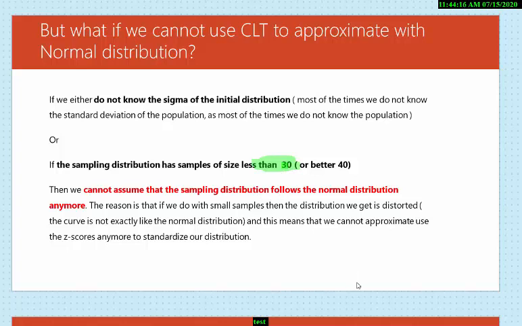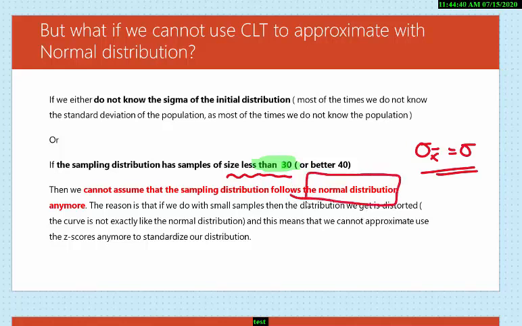You can assume that the sigma that you have for your sample is equal to your sigma. You can assume that, and you can continue from there. Now, you cannot assume that if the size is less than 30. If it is less than 30, then you cannot use the normal distribution.